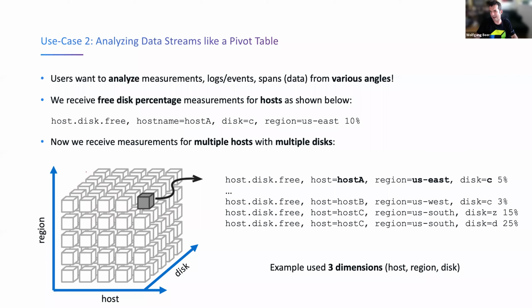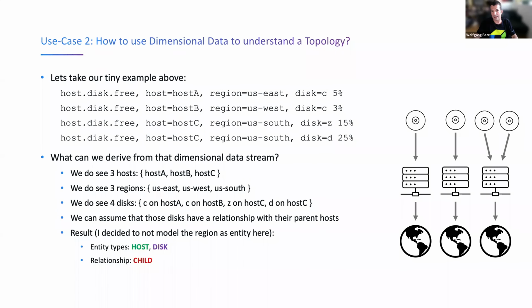And you can imagine that that can go into the 100,000s of different disks, different hosts, in a monitoring environment. Now the question is, how can I extract the topology on top?